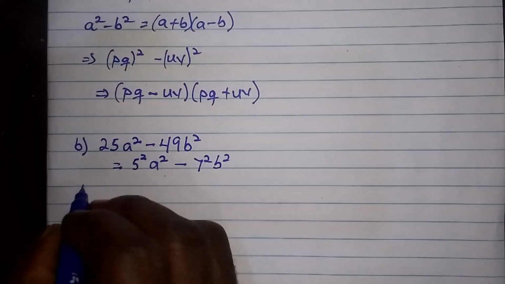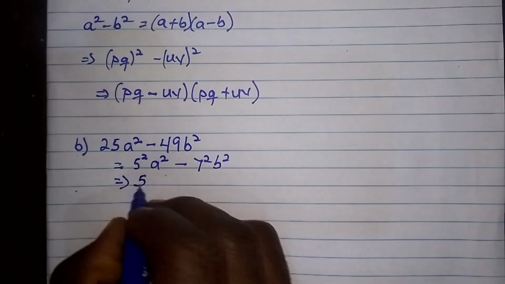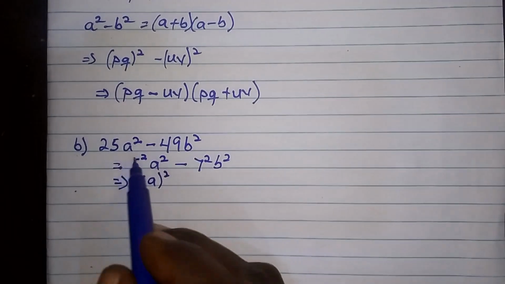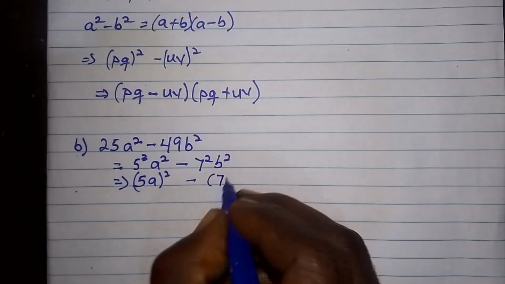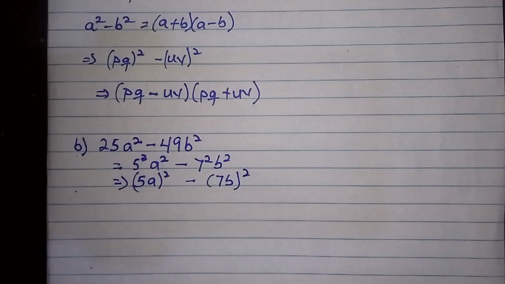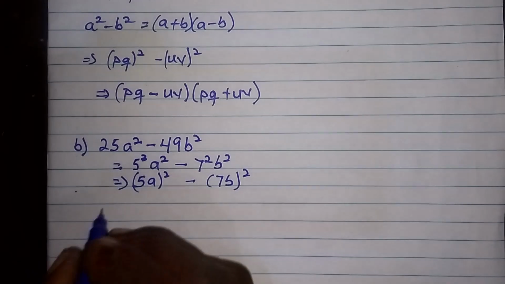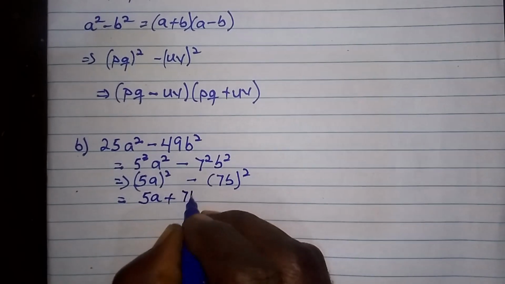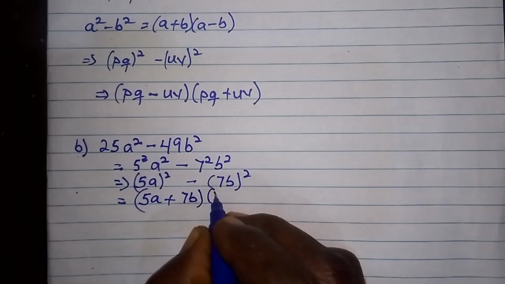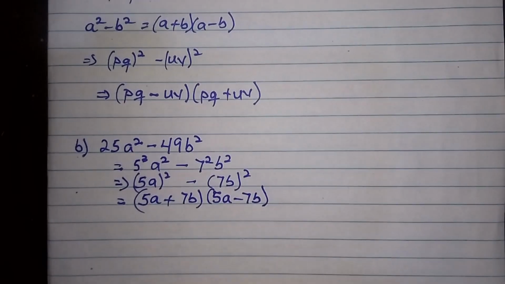This is going to be written as (5a) all squared, because there's a square, we give it a single squared here, minus (7b) all squared. All that is required of us is just to write this in the identity of difference of two squares, which now becomes (5a plus 7b)(5a minus 7b). Very simple.